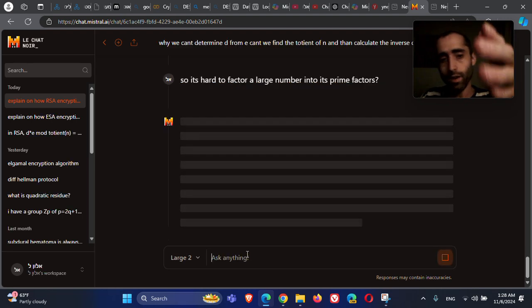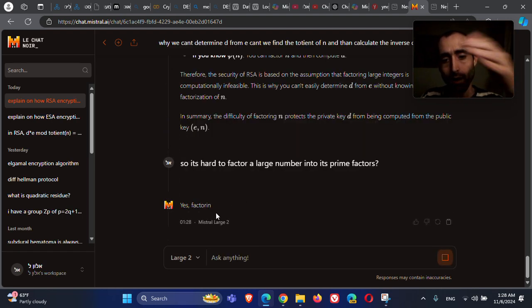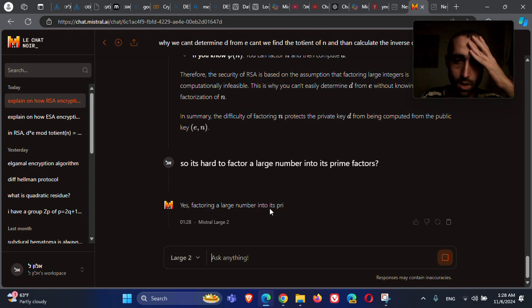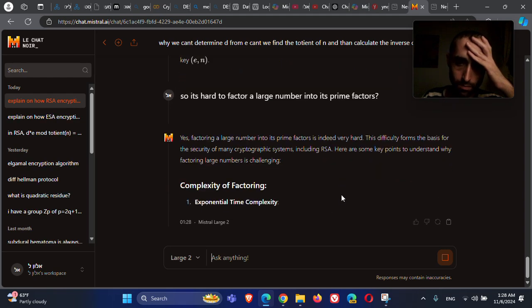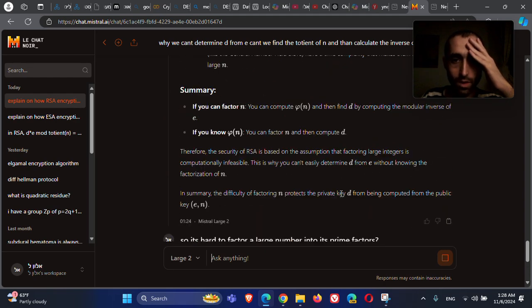I think this is the idea. It is hard. Factoring a large number into its prime factors is indeed very hard. This difficulty forms the basis for the security of many cryptosystems, including RSA. So it's very hard.